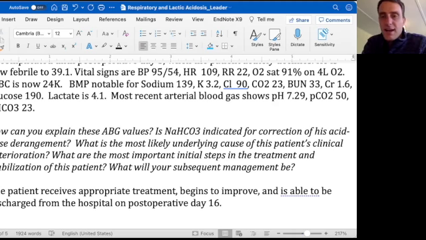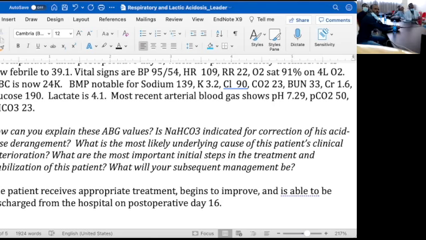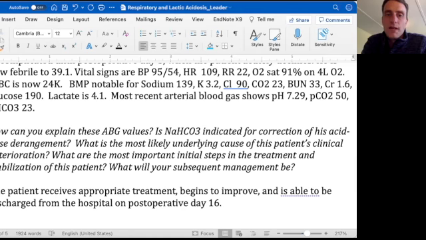Another question for you, is this elevated anion gap or a non-gap acidosis? It is a high anion gap type of metabolic acidosis with elevated lactate. Okay, great.